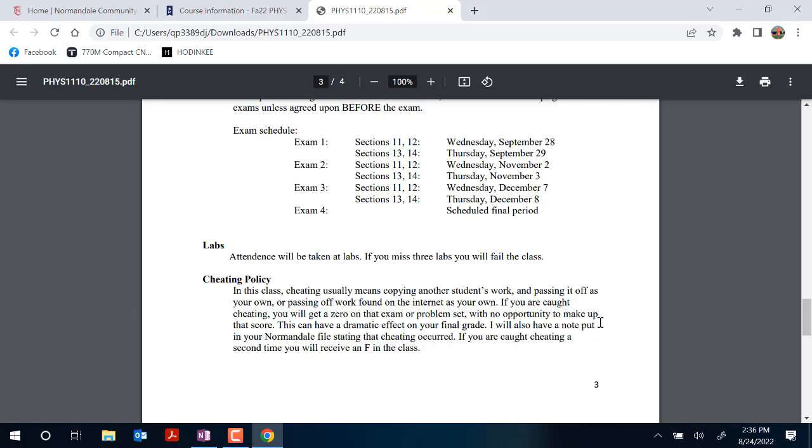And then cheating. So like I said, you can't copy other students' work and act like it was your own work. And similarly, the website Chegg, I don't know if there are other ones like it. I just know of Chegg, but it's caused some problems with cheating because it lets you post to this website questions that you've been asked in class, and then their tutors, they call them, the people who work there, send you back solutions to these problems.